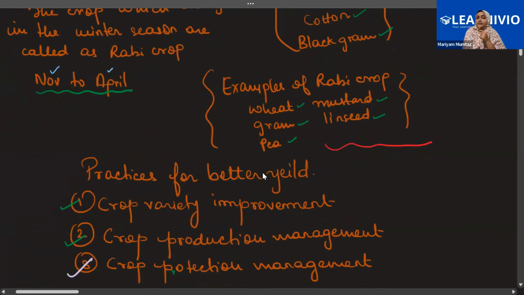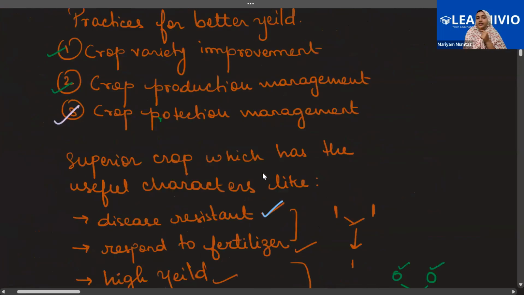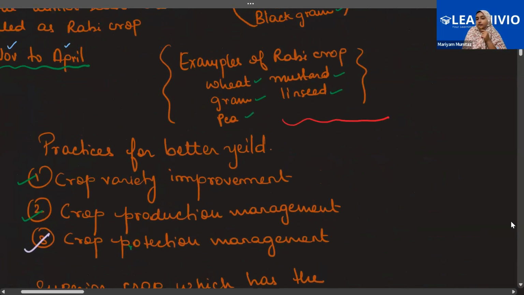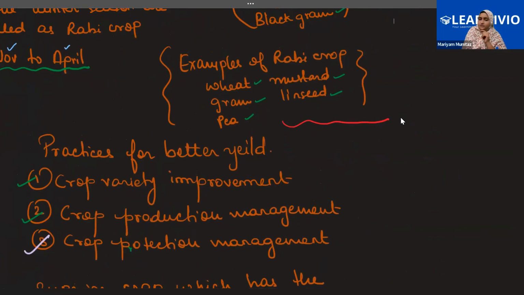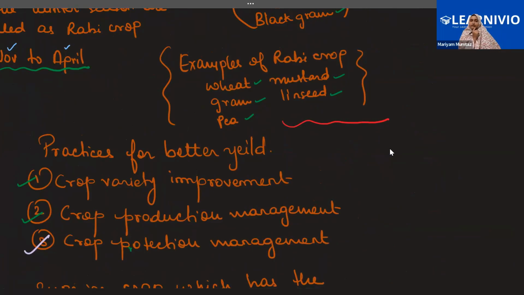Now, let us see what are the various kinds of practices that we do in order to find better yield or better growth of the crops that we have. The first one is crop variety improvement, improvement in the variety of the crop, right?